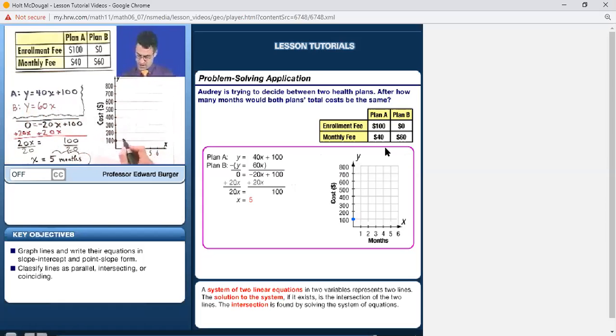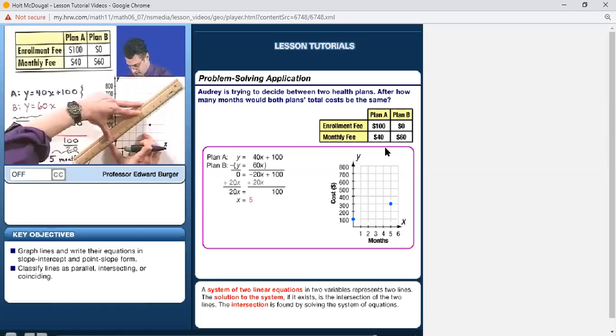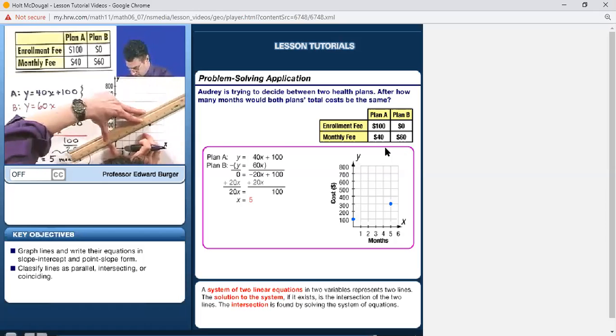So I go 1 over, 40 up. What would that mean in terms of 5? If I go 5 over, how high do I have to go? That's going to be 200 up. So I go 5 over, 200 up, I get to here. Use my straight line, and I can graph the purple Plan A.